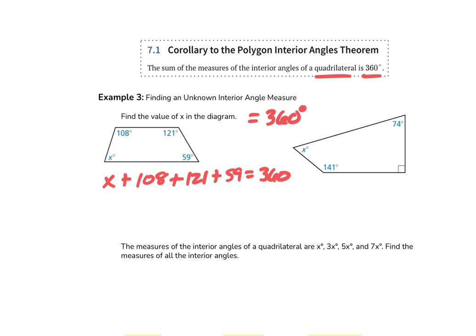It's okay. What I would probably rather do, I think it's a little bit quicker, is combine like terms over here on the left, put all three of those angles together and add up what they're going to be. So let's add 108 plus 121 plus 59.